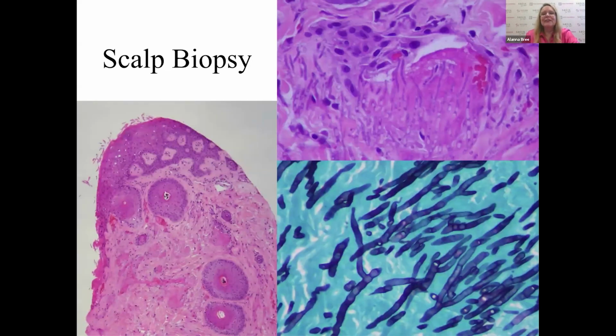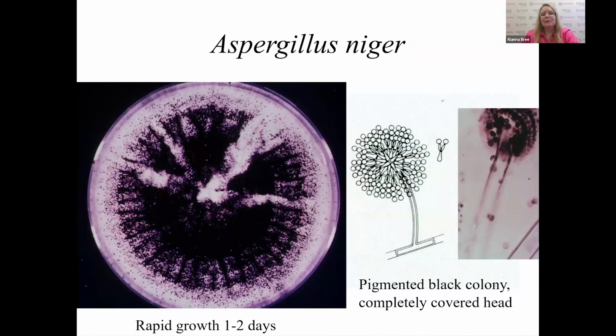All right, so here is a photo of the scalp biopsy, and you can see here the special stain is diagnostic for Aspergillus niger, and this is a picture of the culture with rapid growth over 1 to 2 days.